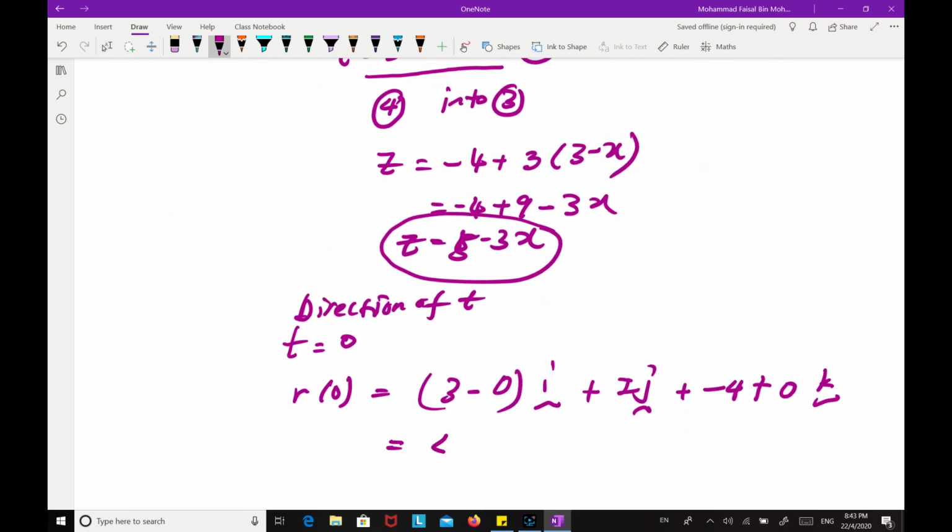So I have 3, 2, negative 4, and I can write 3i plus 2j minus 4k, just for simplicity.